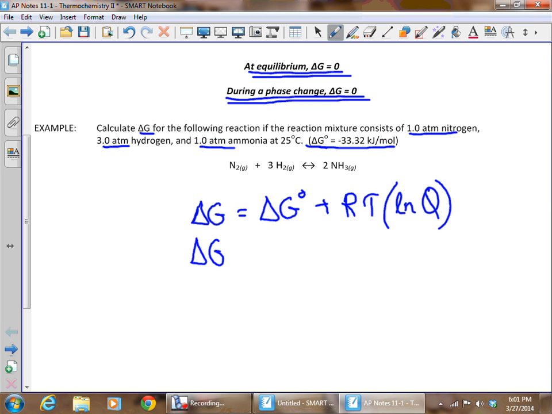We're supposed to find delta G. It gave us delta G naught at negative 33.32 kilojoules per mole, but since R is in joules per mole, we're going to go ahead and change this to joules per mole.